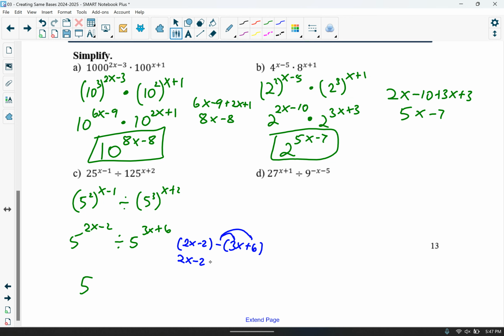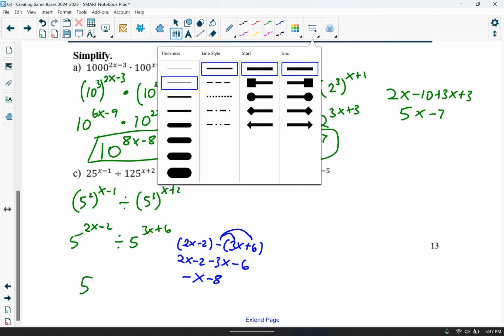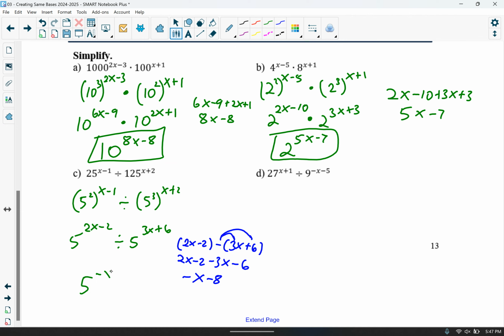So 2x minus 2 minus 3x minus 6. 2x minus 3x, negative x. Negative 2 minus 6, negative 8. So we're going to have 5 to the negative x minus 8 power. If you are not going to the side of your paper and doing this work out where you're seeing the distributing, you are really increasing your chances of making a computational error.